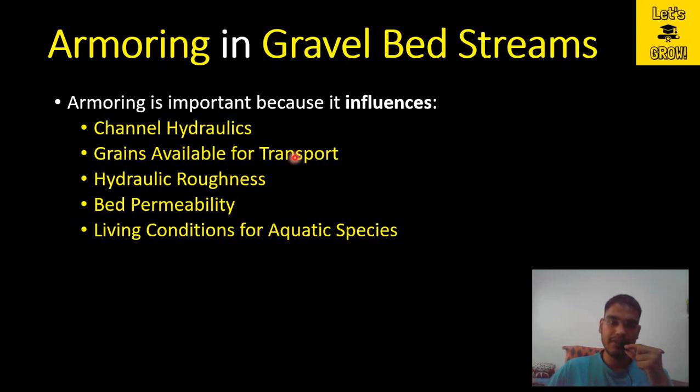It also influences hydraulic roughness because of the undulations. The bed permeability will also be influenced, and the living conditions for aquatic species will also be influenced because of the armoring.